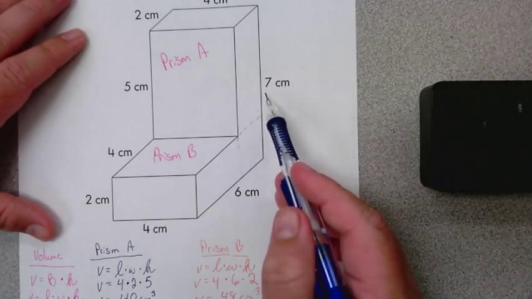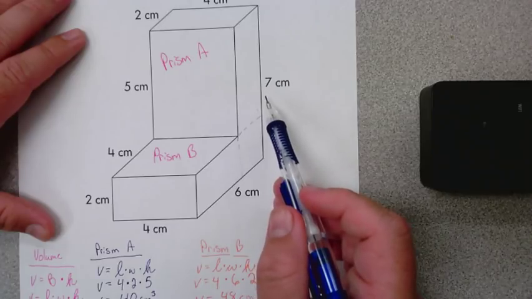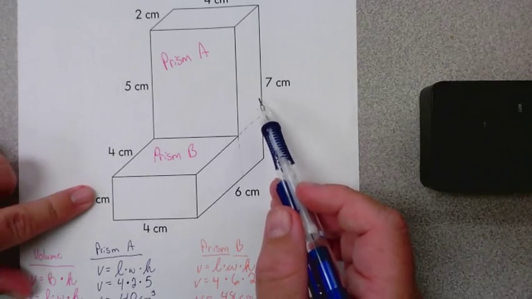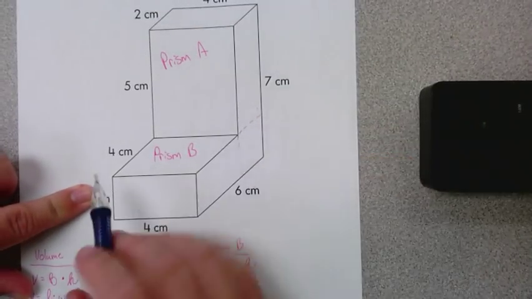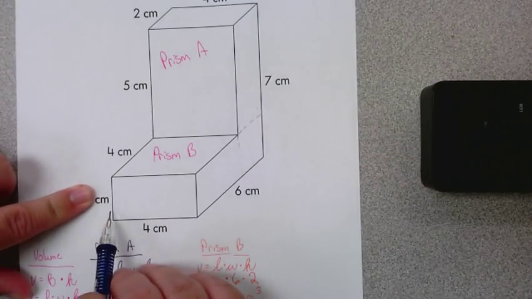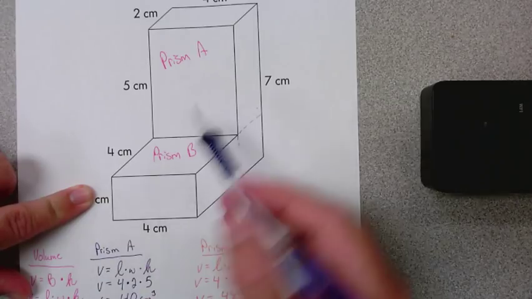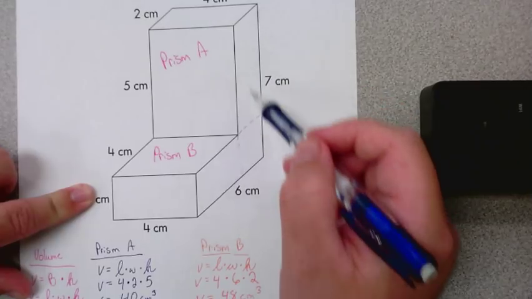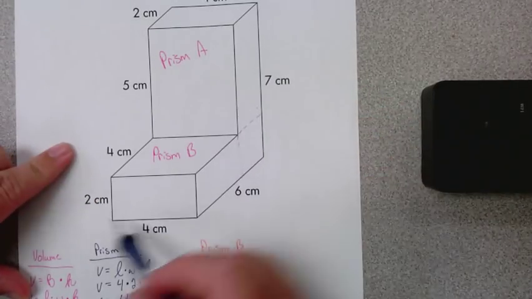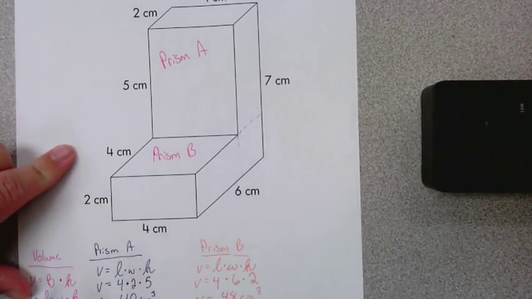What if in our example it doesn't give us this height? It only gives us this height and this height. Could we find out what this height was? Yes, because we know from here to here is 5, but in totality it had to be 7. So we know that there was 2 centimeters left.